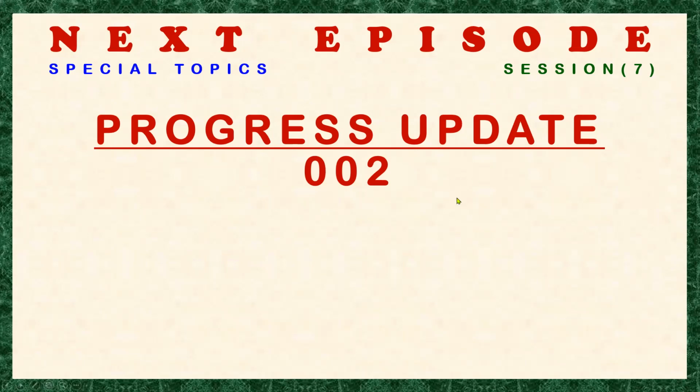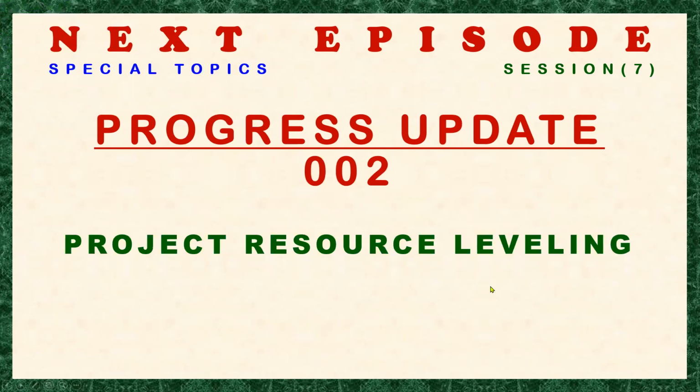This is about progress update 02, project resource labeling. Actually, progress update 02 should not be here, so project resource labeling. I was thinking that we need to tackle this for the understanding of everyone, that project resource labeling is also important.